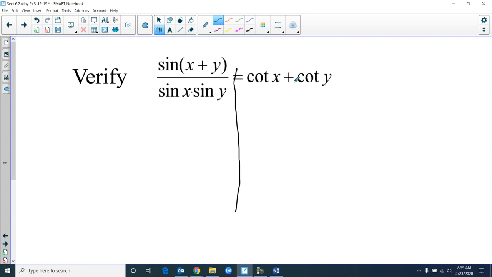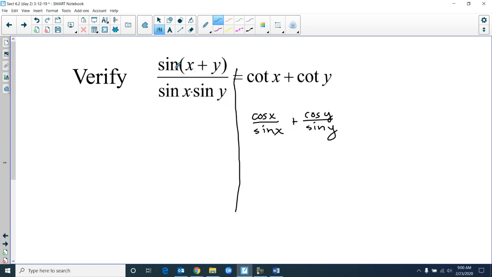I'm going to convert to sines and cosines on the right-hand side. Cotangent of x is cosine of x over sine of x plus cotangent of y is cosine of y over sine of y. I'm not going to worry about getting a common denominator yet. Let's work on the left-hand side.